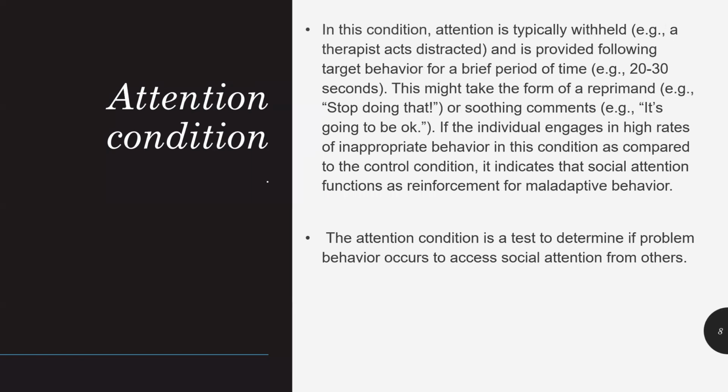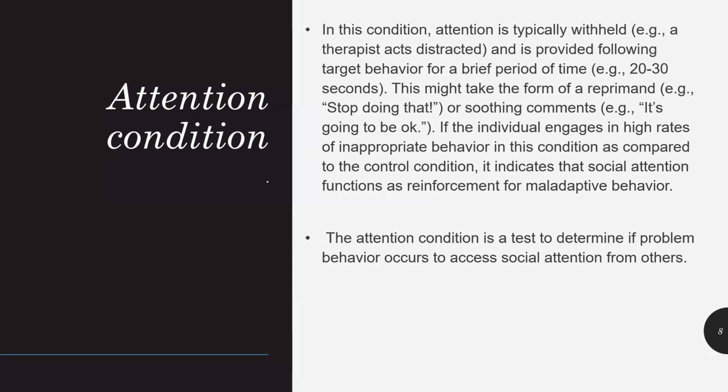For the attention condition, attention is typically withheld, like the therapist acts distracted, and is provided following a target behavior for a brief period of time, again, like 20 to 30 seconds. This might take the form of a reprimand, like "stop doing that," or just soothing the client, like "it's going to be okay."